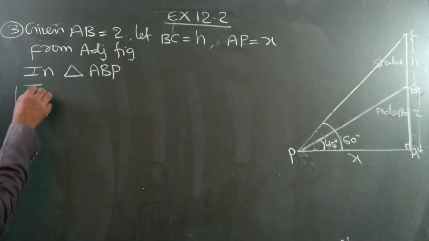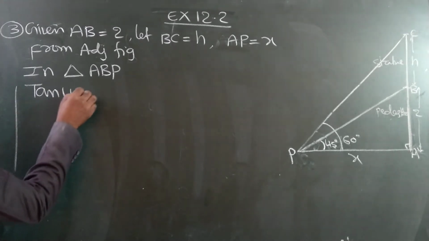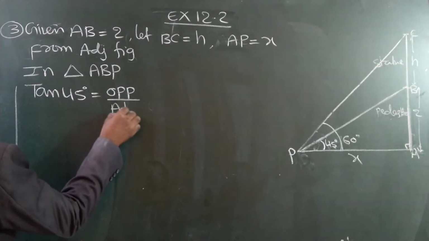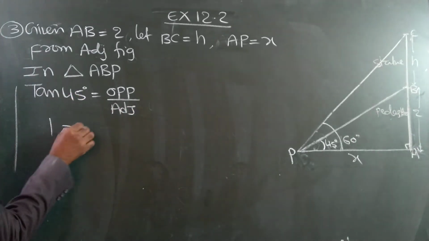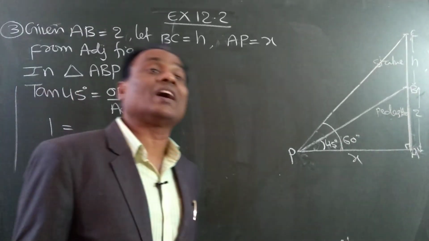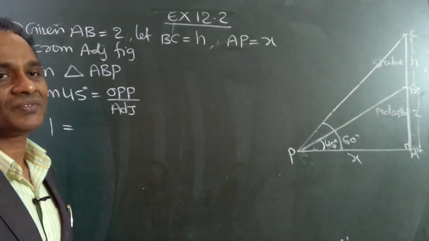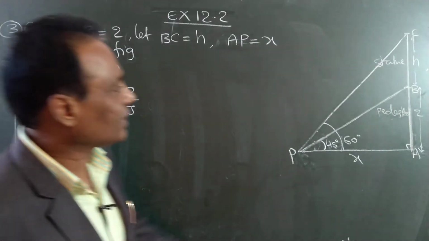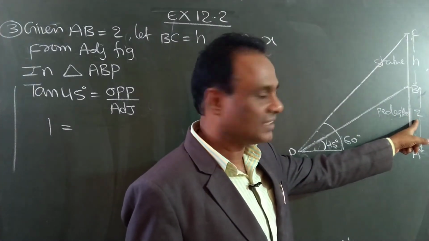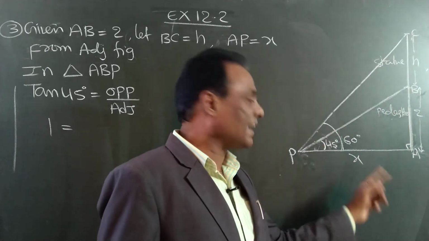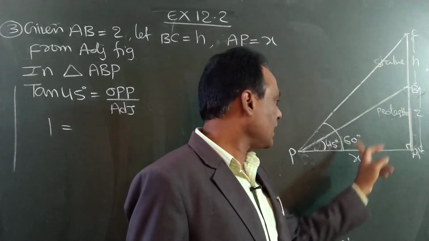Don't write. Tan 45 is equal to, what is the formula? Opposite by adjacent. The value of tan 45 is 1. Opposite is 2, adjacent is x. So tan 45 is equal to 2 by x.